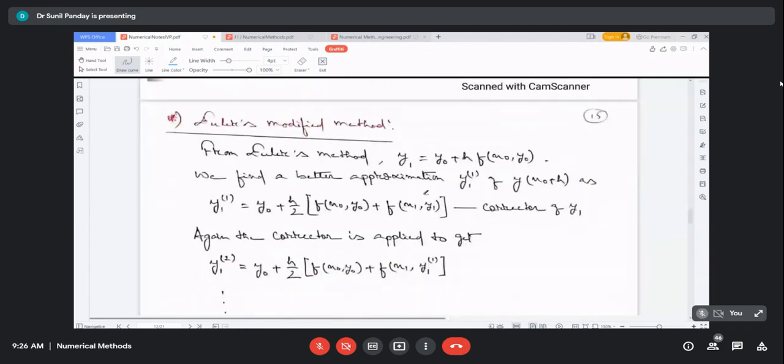Then we have Euler's modified method. What we do in Euler's modified method is the same as Euler's method for the first step: we calculate y1, where y naught is known to us and f of x y is also known to us.